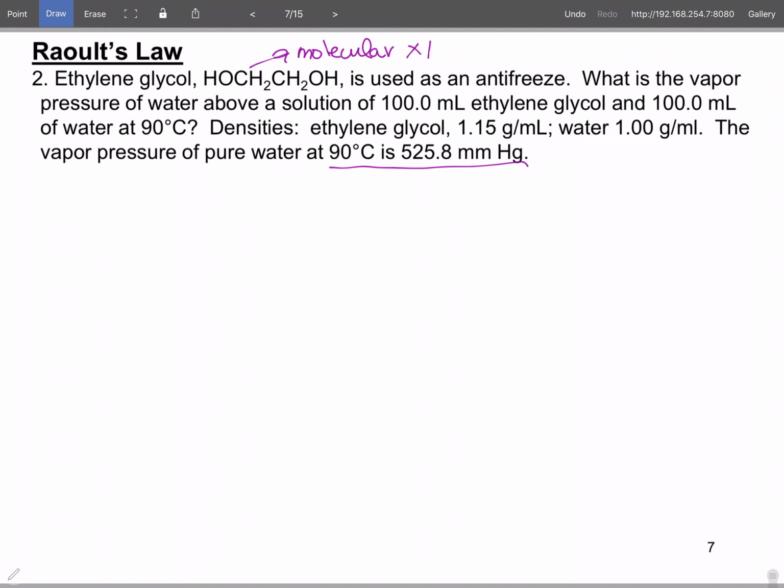So in this particular case, we've got to figure out which one's major and which one's minor. Well, we're given 100 mils of each one, so the easiest thing to do is calculate the moles.